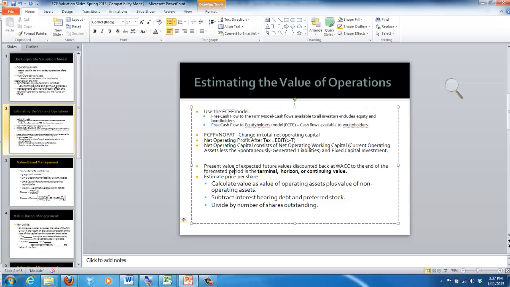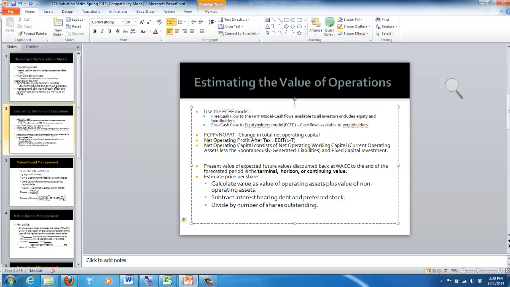So we're going to have a forecasted period of 3 years, and then we're going to say at the end of that time we're going to have constant growth in our free cash flows, and so we can discount all of our future free cash flows back to today and find the terminal value or the horizon value, also known as the continuing value.